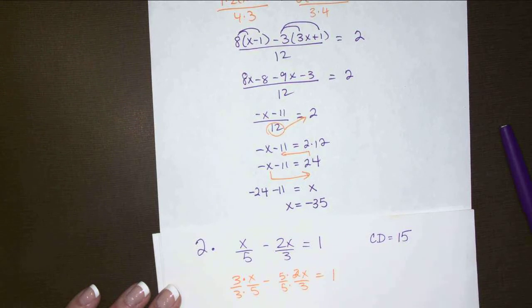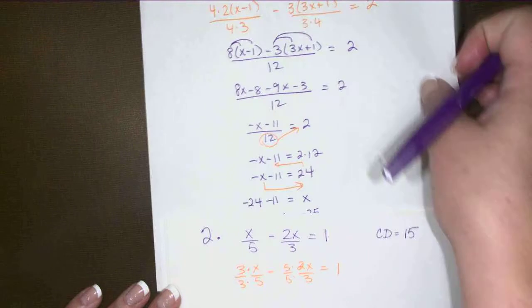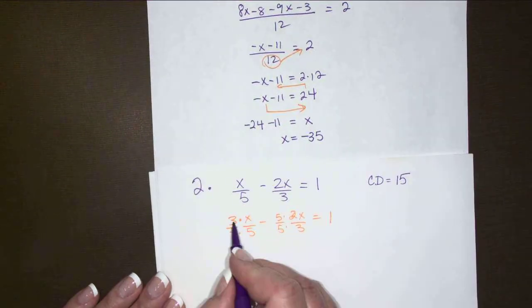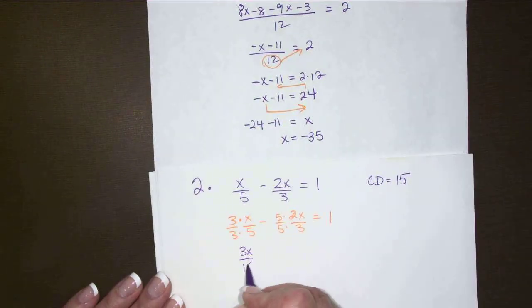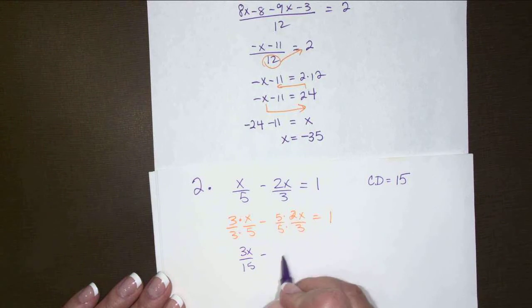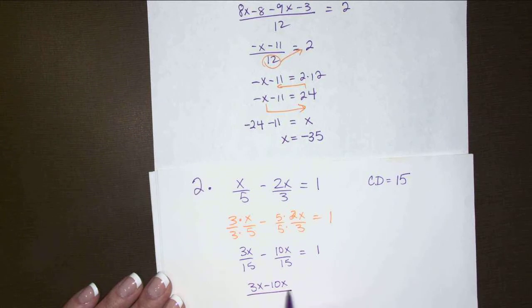And you don't need to worry about the 1. So 3x over 15 minus 5 times 2 is 10x over 15. So 3x minus 10x altogether over 15.